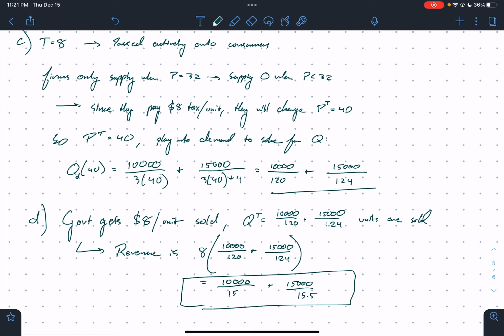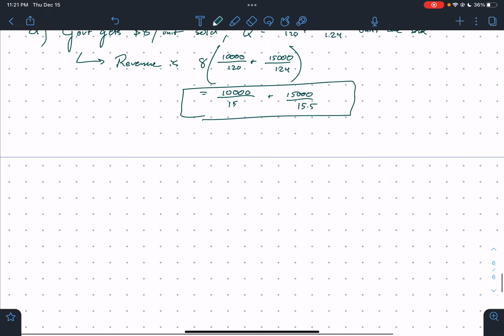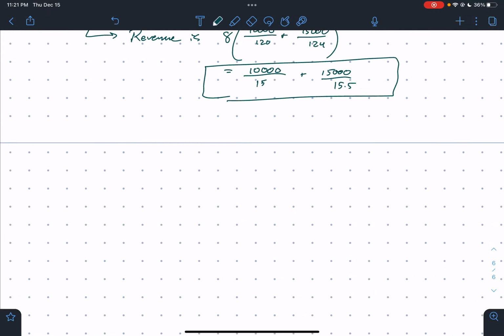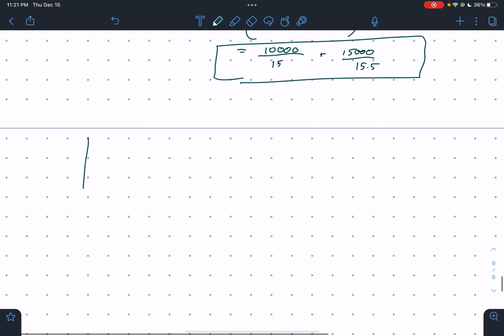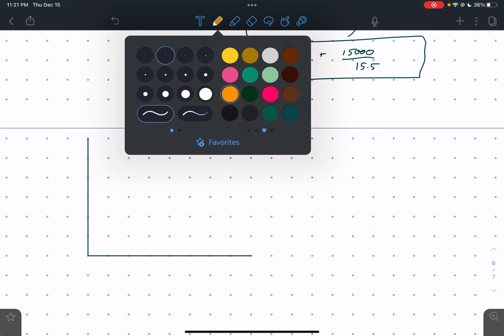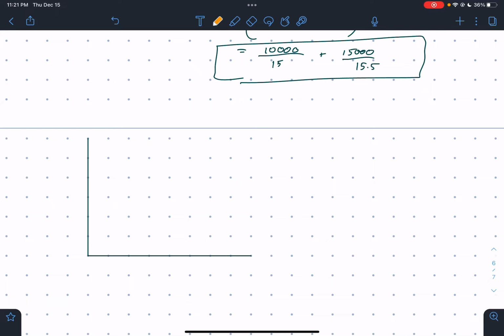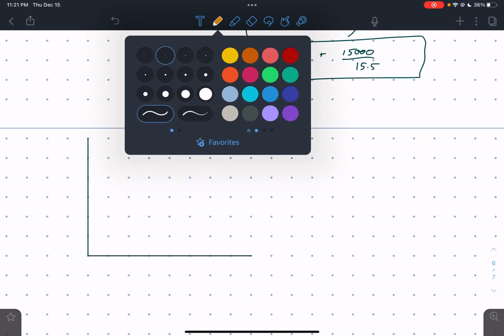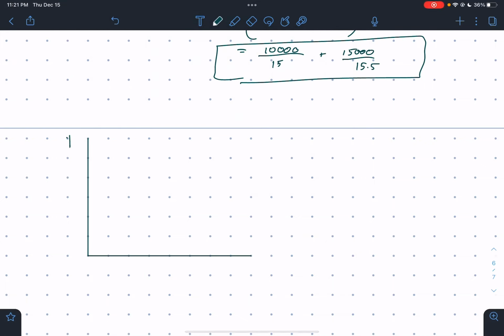What we want to do is consider the deadweight loss, the loss in efficiency as a result of the tax policy. So I like drawing this. To me, it helps me understand what things I need to be looking for. I should use a different color. So here's the price, here's the quantity.